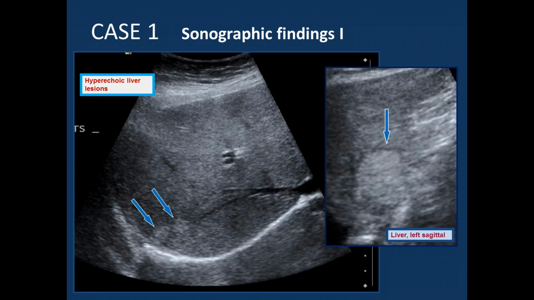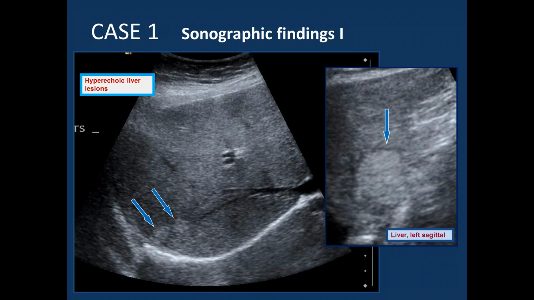So a suggestion might be metastasis. That is a good suggestion for this one, because of the poorly echogenic halo, but for the left one, what is the differential diagnosis? Adenoma.